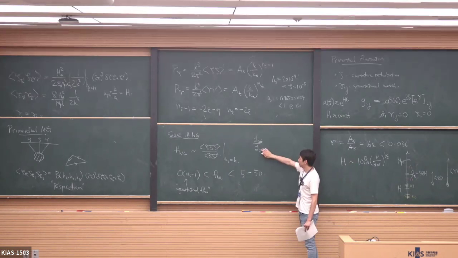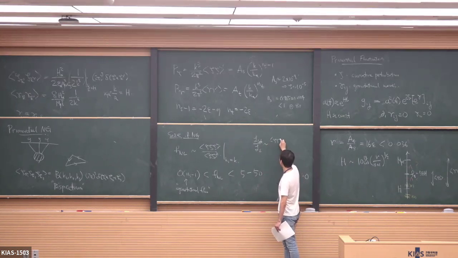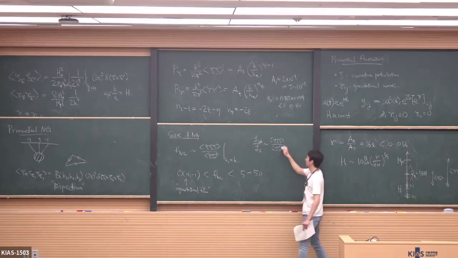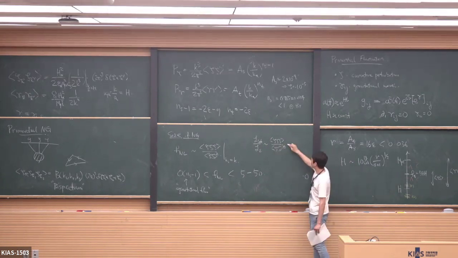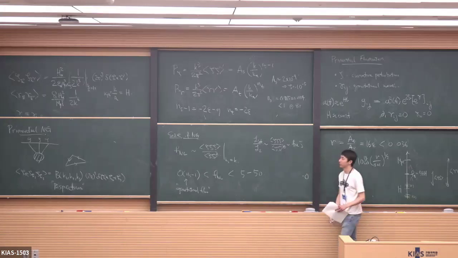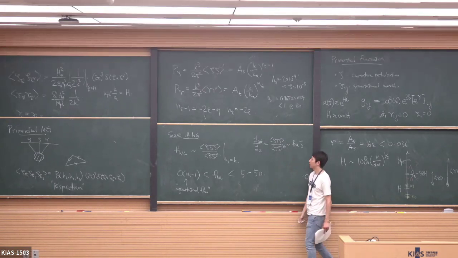So if you try to compare the size of the interaction Lagrangian with the quadratic Lagrangian in terms of the FNL, when taking this ratio, we should really be taking this ratio with the same number of factors of zeta in the denominator and the numerator. And when we do this, this is roughly FNL times zeta, because we have one less factor of zeta in the denominator compared to this ratio.